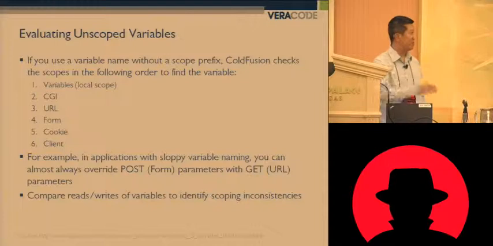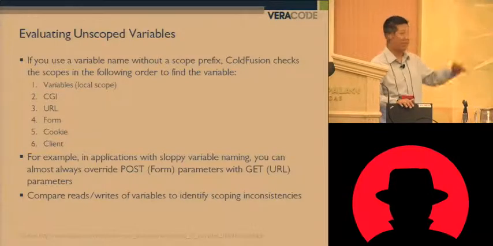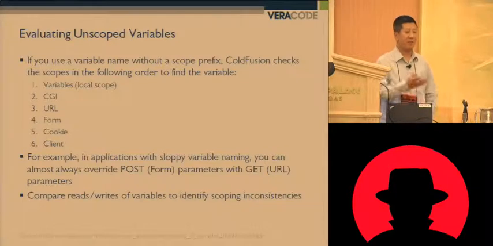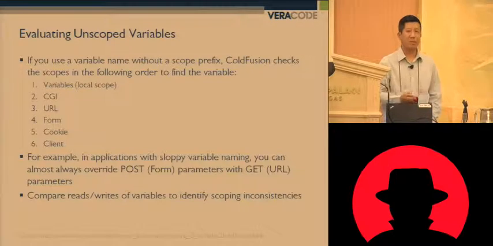These are the ones that are probably the most relevant. So they're in the proper relative order, but there are some other ones that are sprinkled throughout there. Like if you're inside a query loop, for example, that falls in earlier on in the scope. But these are kind of the important ones because they're the ones like CGI, URL, form, cookie, client. Those are the ones that are most often tainted.